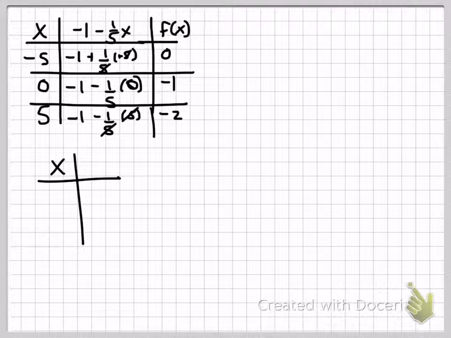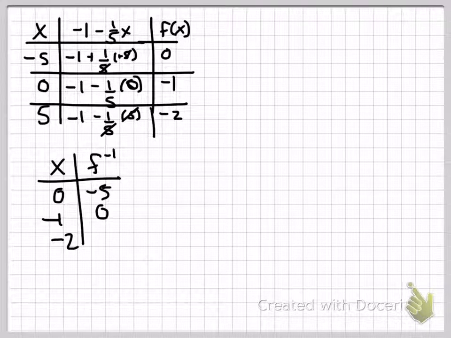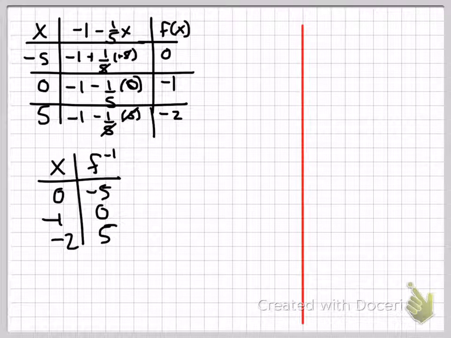So this time x, and I'm going to make this the inverse function. It will be 0, 1, -1, and -2, and this will be -5, 0, and 5. Does that make sense? So this is one line.